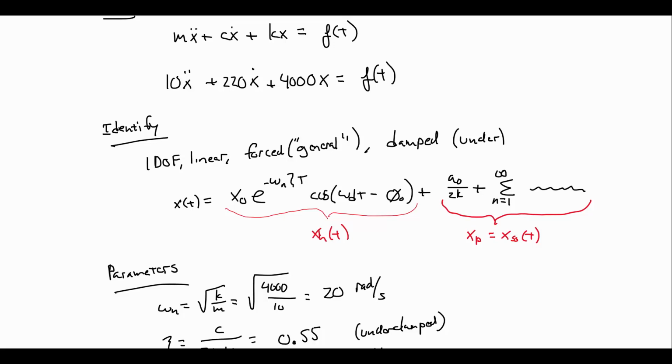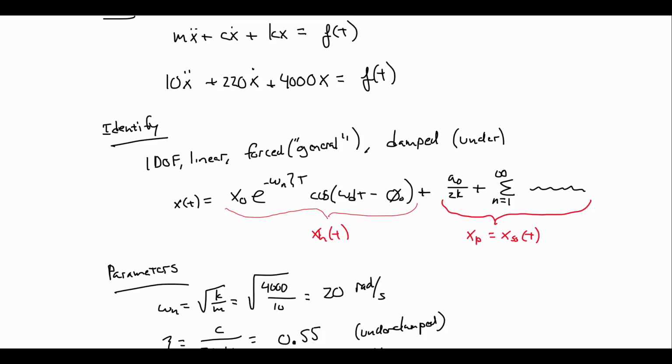So really a good first step would be, we should see where does our steady state solution converge, how many terms does it take, and use that as a guide for how many terms we should be using when we are solving with our initial conditions for x naught and phi naught. So in this example, I'm just going to use an arbitrary number of terms that's high, and I will assume that that is going to be convergent for the steady state solution. Should go through extra steps to ensure that, but for now I'll just use an arbitrary amount.